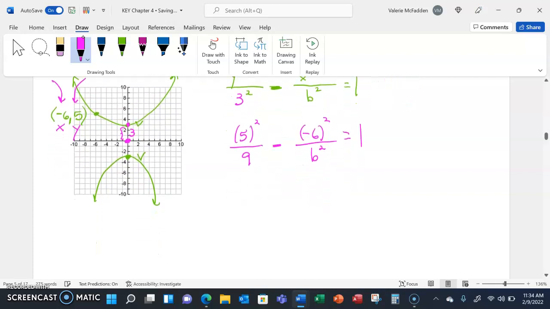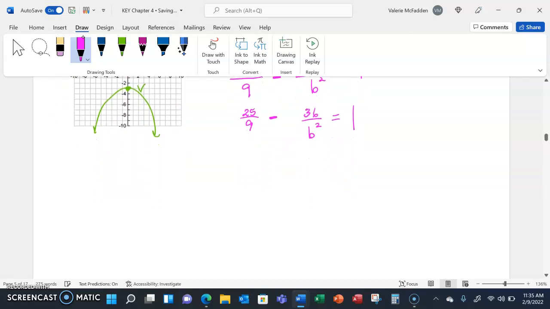That would give me everything I need to figure out what b squared is, and then we can come back and write the equation. So we have 25 over 9 minus 36 over b squared is equal to 1. We want to solve this for b squared. I'm going to subtract 25/9 from both sides.